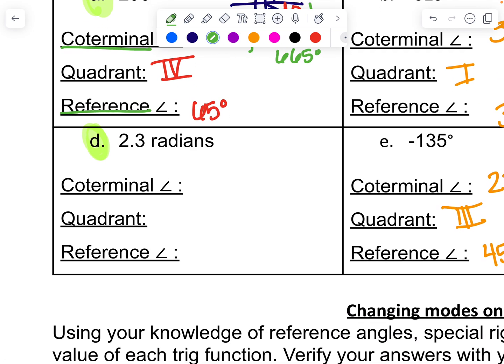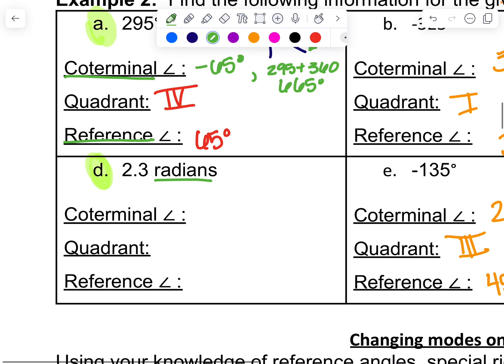All right, so now we have a measure in radians, but this one's a little bit different. Remember, we usually see radians in terms of pi, but they can also be represented as decimals, because pi is 3.14, which continues, which means 2 pi is about 6.28.